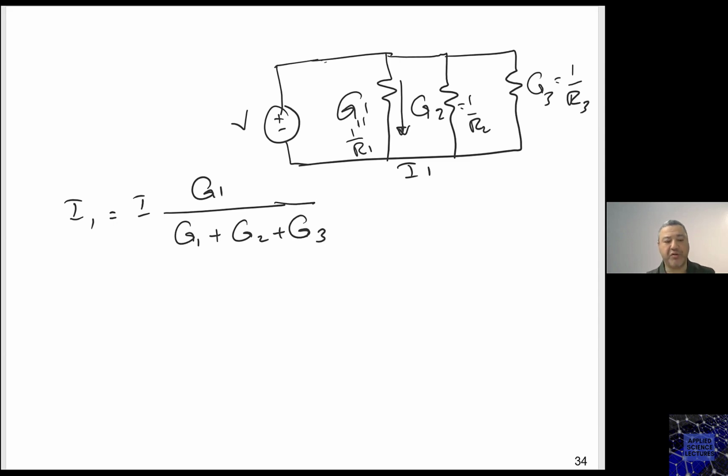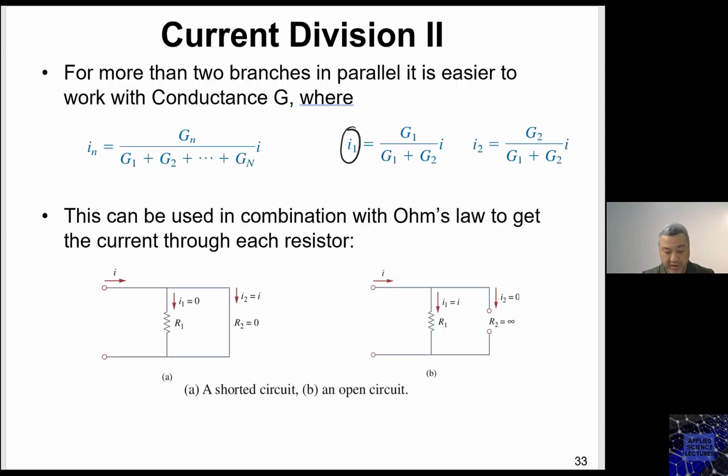So it's the ratio of the conductance for the branch of interest divided by the summation of all the branches. And this is the general expression. However, for the resistances, you have to combine them in two branches only. For the conductances, you can do it for as many branches as possible without any simplification.